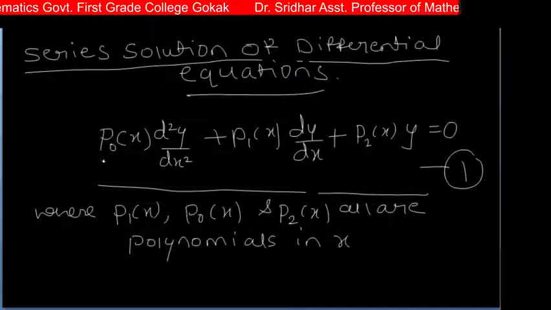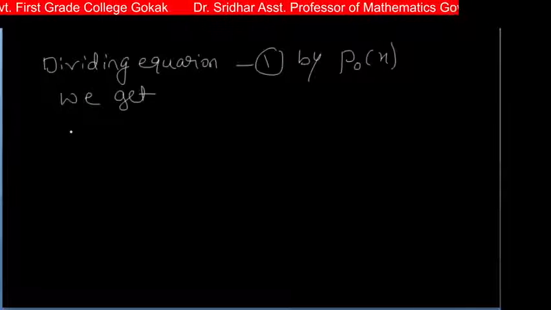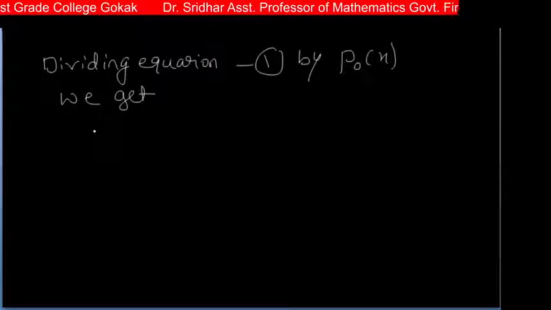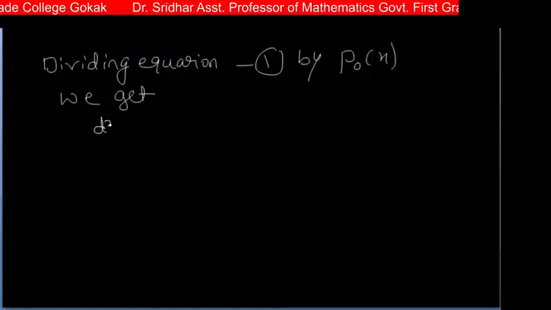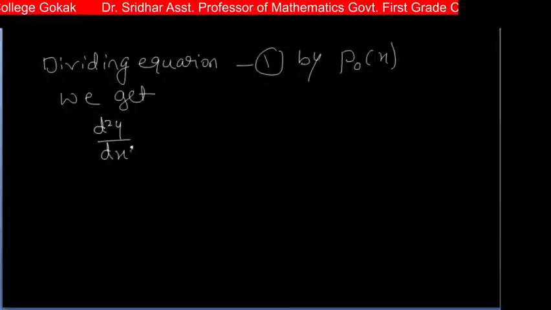So we get, first P0 gets cancelled, so only d square y by dx square.